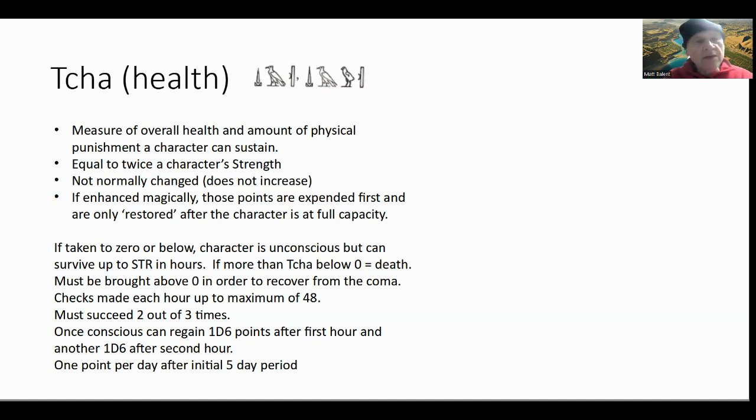Now, if their hit points go below the number of hit points they have, so for example, if they had 20 hit points and they went to -20, for some reason they took an enormous amount of damage, they would be automatically killed.